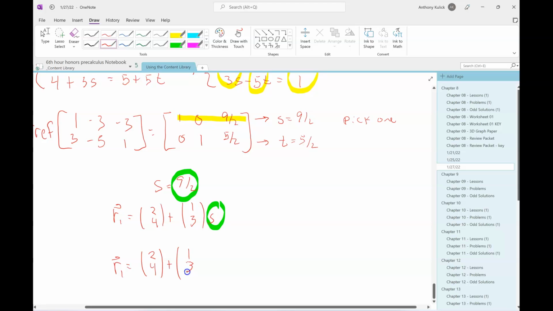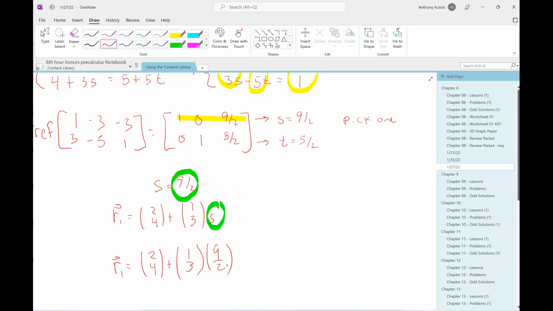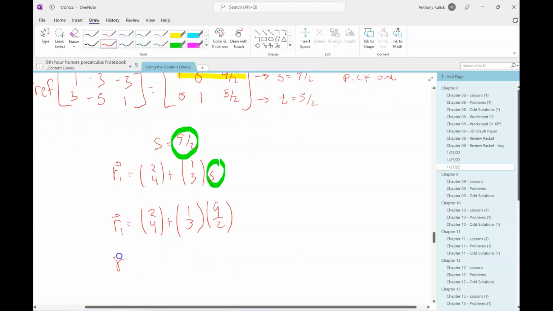So here's a place where we have to be real careful. Notice that 1, 3 is a vector. 9/2 is a scalar. So we're doing scalar multiplication there and then adding the vector 2, 4. So 9/2 plus 4/2 gives me 13/2.